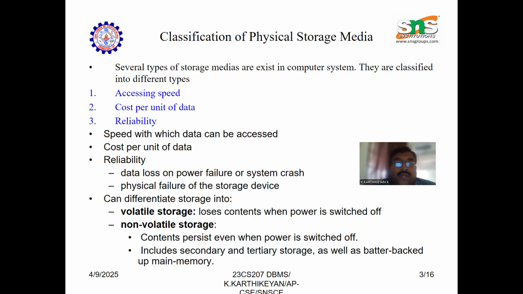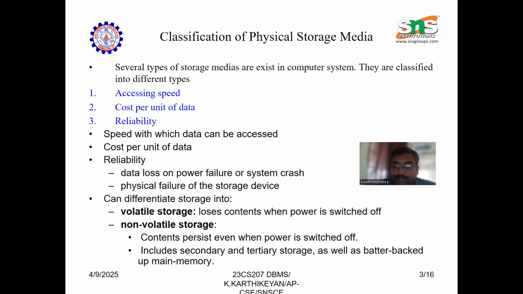And reliability: data loss, power failure or system crash, and physical failure of the storage devices. We can differentiate storage into volatile storage, which loses content when power is switched off, and non-volatile storage, where the content persists when power is switched off, including secondary and tertiary storage as well as battery-backed main memory.